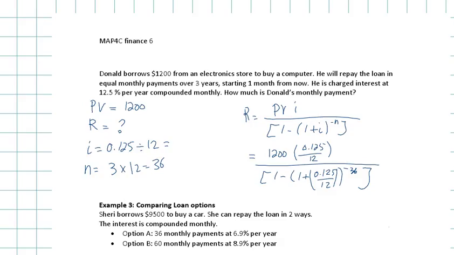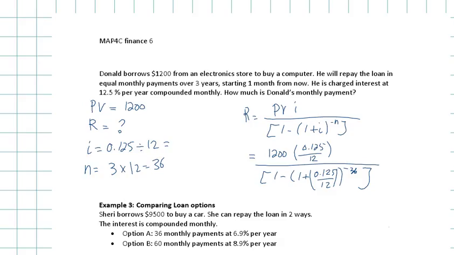So you see how I put it? Exactly how you're going to enter it in the calculator. Just do divide by, and then put your big bracket. Divide by 12, close bracket. Now you do the big division.